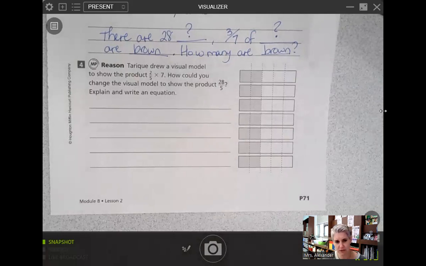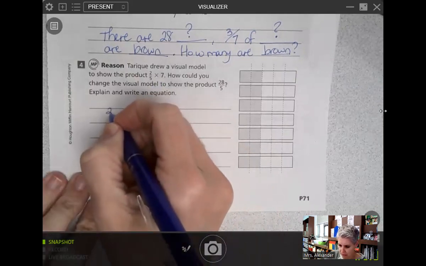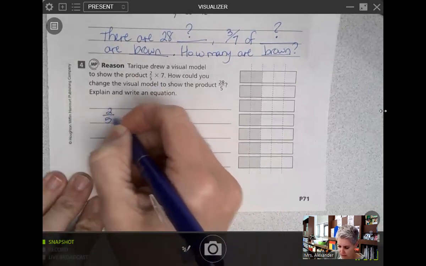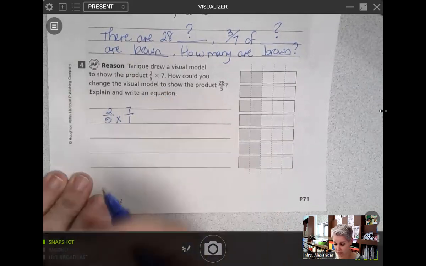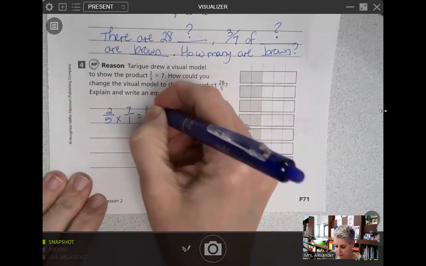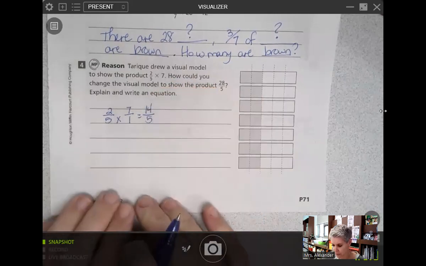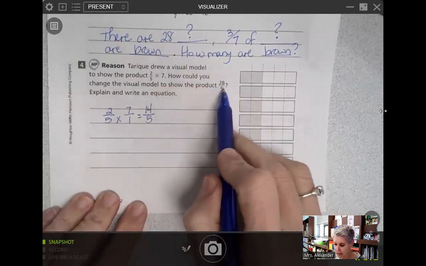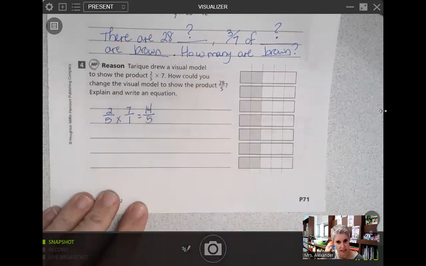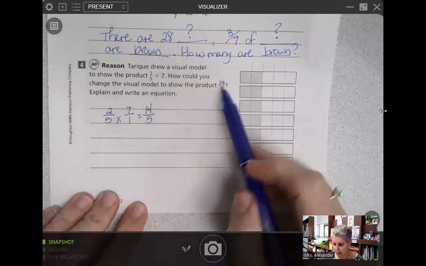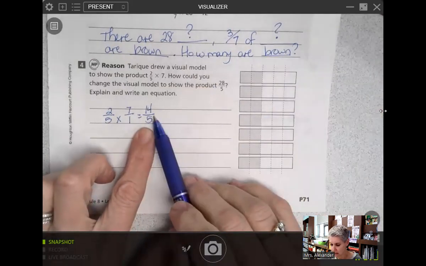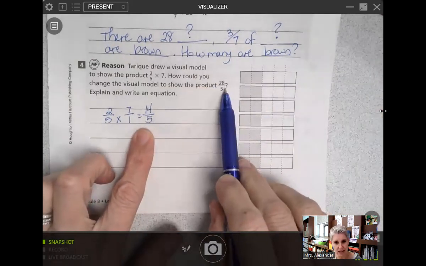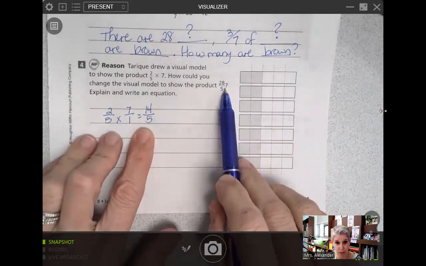What is the product, first of all, of 2/5 times 7? If I have 2/5 times 7, 7 is a whole number, so I'm going to put a 1 under it. I have 14/5. If I want the product to be 28/5, compare that to this model, which is showing 14/5. 28/5 is twice as much.